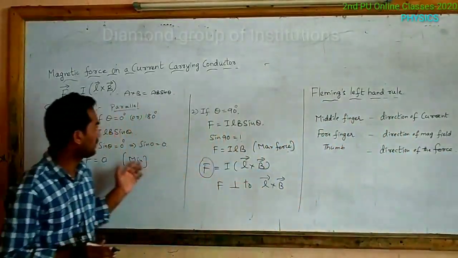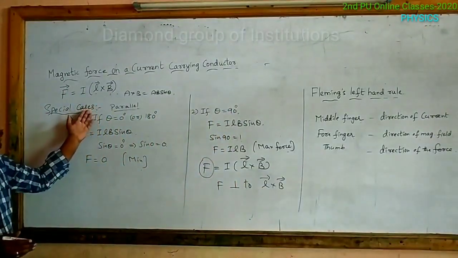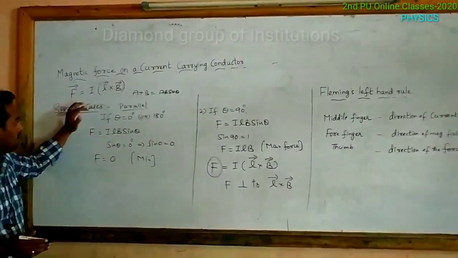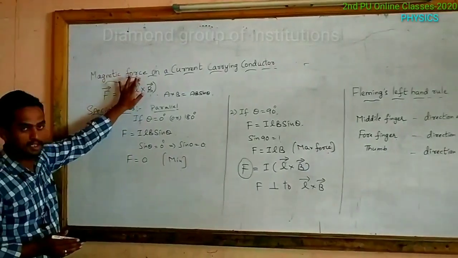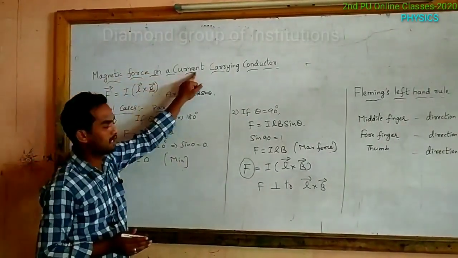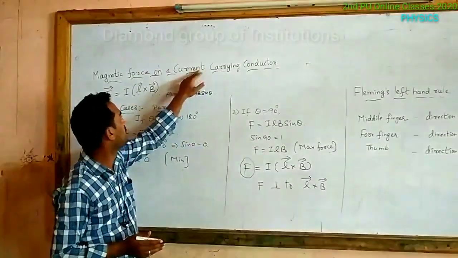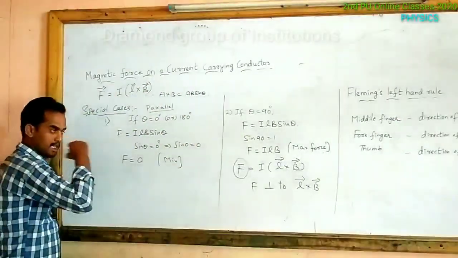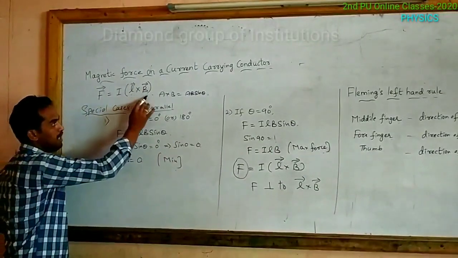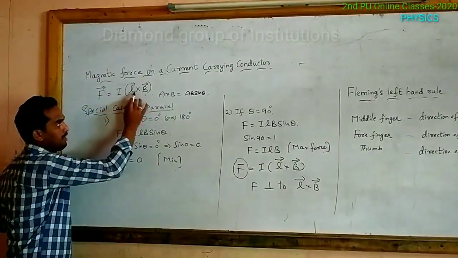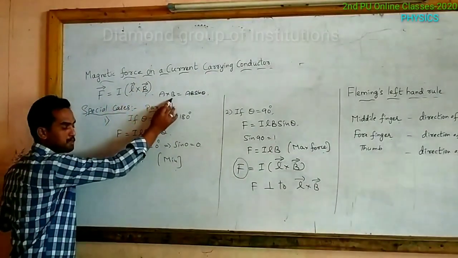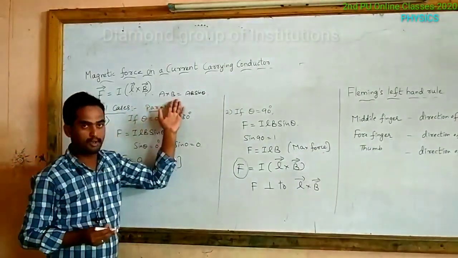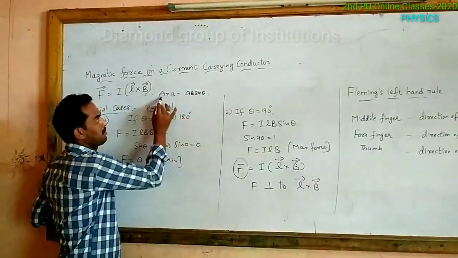So these are the special cases we studied regarding the magnetic force whenever a current-carrying conductor is kept in a magnetic field. Finally, we recall once again, F equals I into L cross B. L cross B is nothing but the cross product, or vector product, of two vectors.